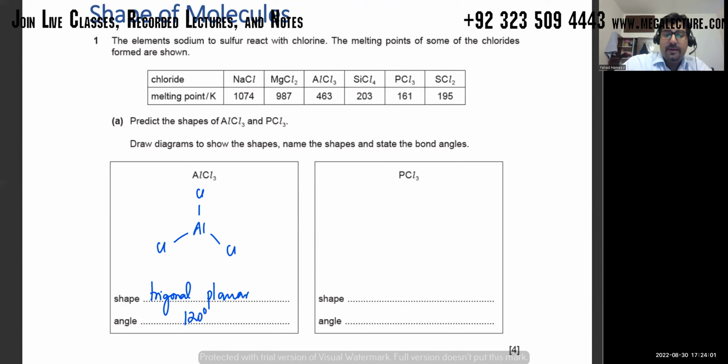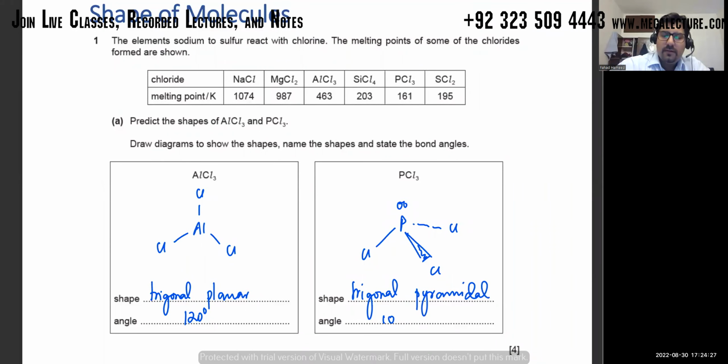PCl3 that's going to be pyramidal because... and the shape is trigonal pyramidal. और इसका जो angle होगा that's going to be 107 degrees.